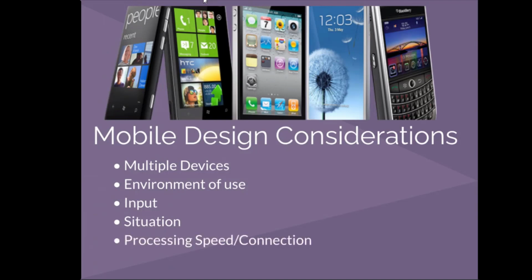And something else to consider when it comes to mobile design is how fast is the internet where you are, because this will vary. I live in Lakeside. Most of the time, I'm on a 5G connection, but there's a certain corner that I go around and there's no reception there, right?